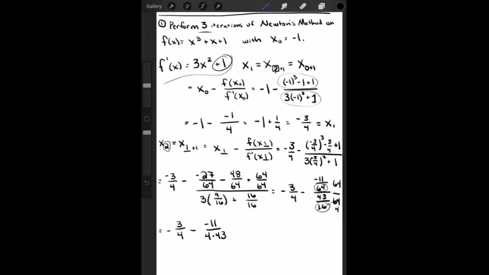Now again, one more time, I need to get common denominators. I'm going to go ahead and bring these two together to make it positive. Whew.